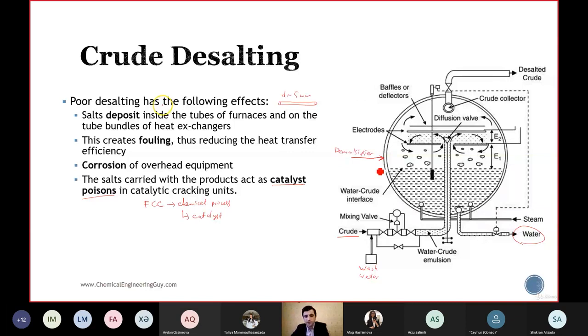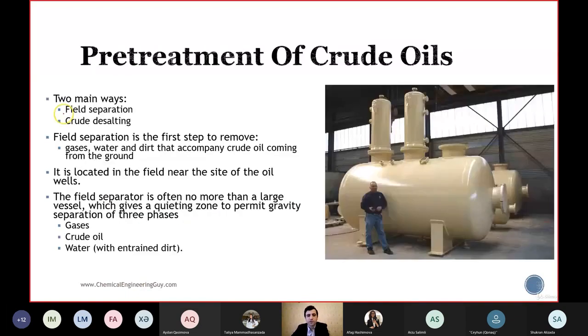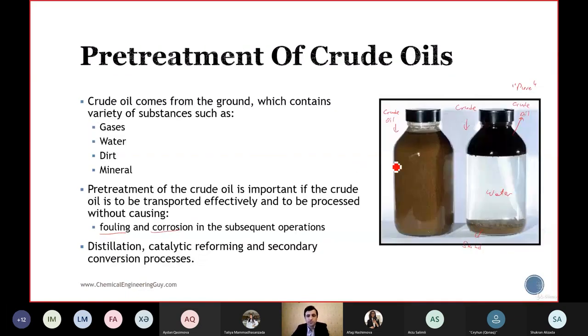Why? Going back here. You can wait for a long time, for 1 hour, then you will get this one. But a demulsifier helps you to create the emulsion in a short time. That's why we add the demulsifier. Let's say in 1 minute, you can create this emulsion.